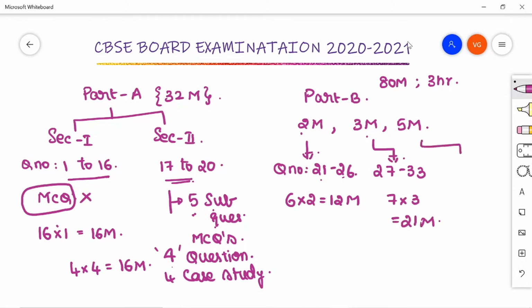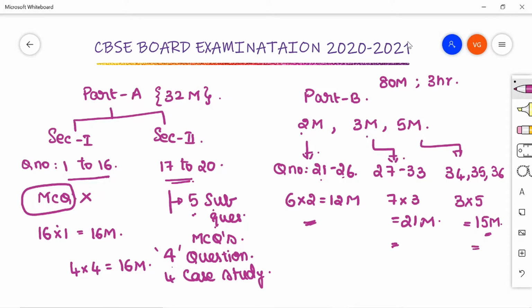Coming to 5 mark questions, you will be having 3 questions, that is question number 34, 35, 36. So 3 into 5 mark, totally it is 15 for long answer questions. Again you will be given an internal choice here: 2 questions in 2 markers, 2 questions in 3 markers and 1 question in 5 mark.